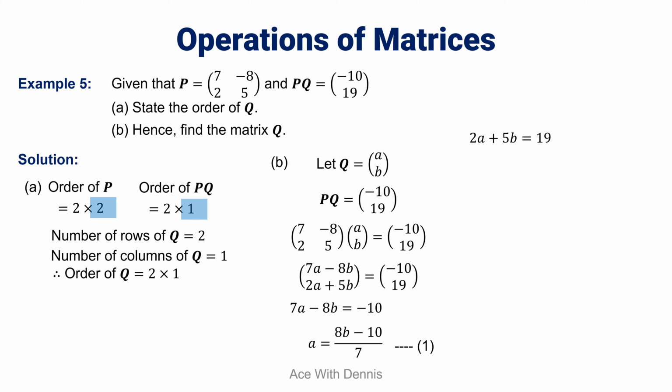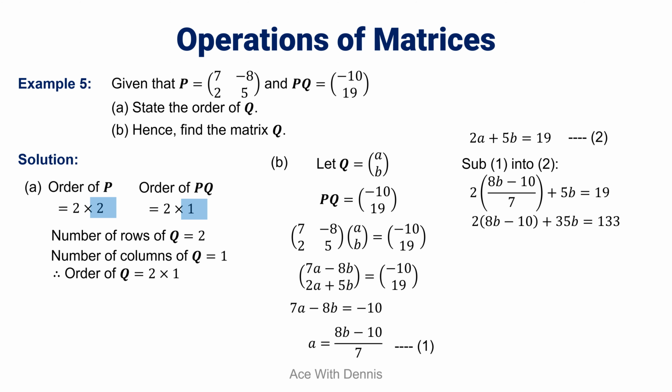Next, we compare the second element, which is 2a plus 5b equals 19. We label this as the second equation. I will substitute equation number 1 into equation number 2, which gives 2 times (8b minus 10) over 7 plus 5b equals 19. Now we multiply by 7 on both sides. We have 2 times (8b minus 10) plus 35b equals 133.